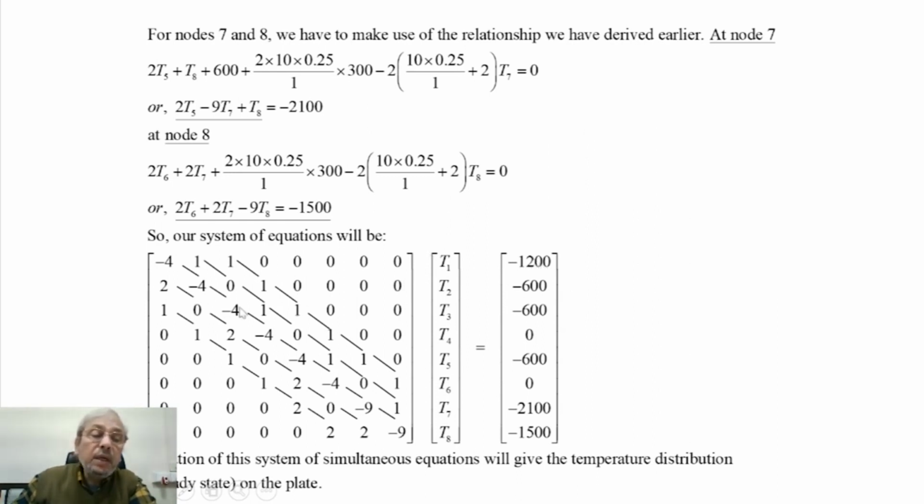So this way, row by row, we construct this Ax equal to B type of system. This is the coefficient matrix. This is the unknown vector, unknown temperatures, equal to right hand side known quantity. So again, the solution of this system of equations can easily be obtained by inverting this matrix.